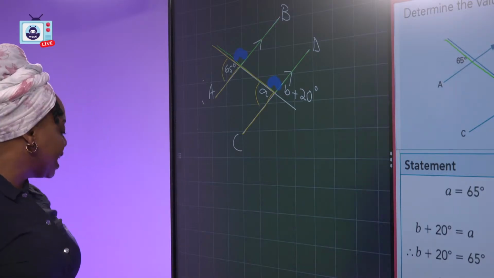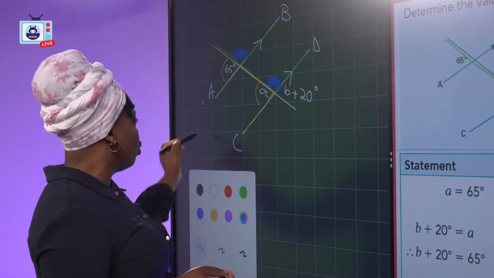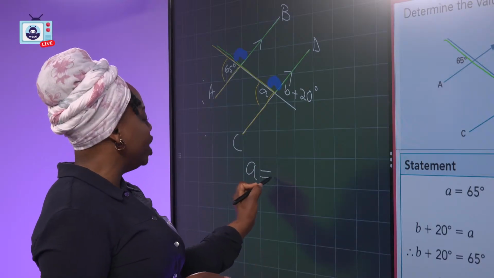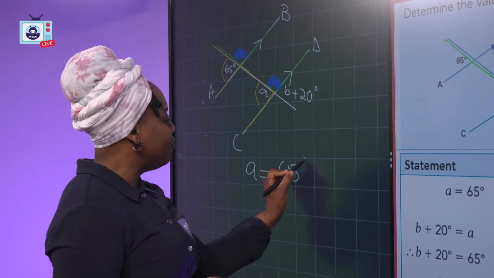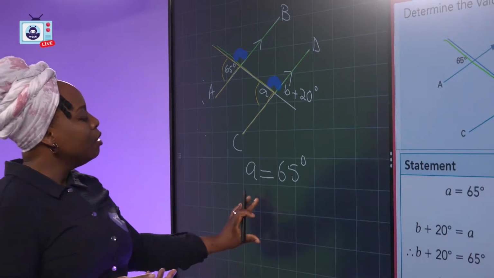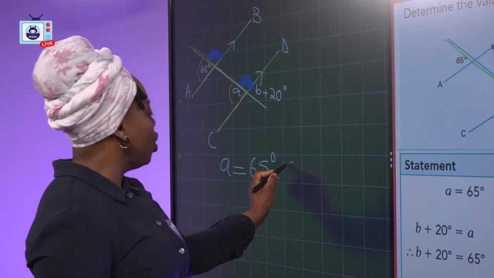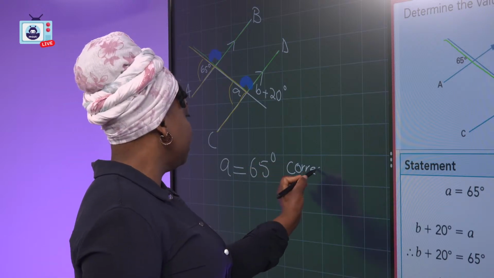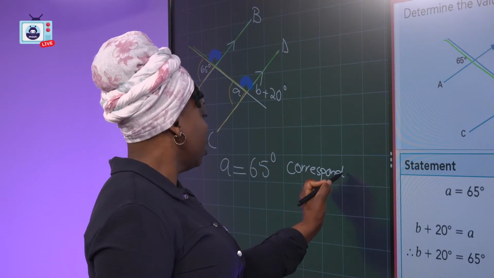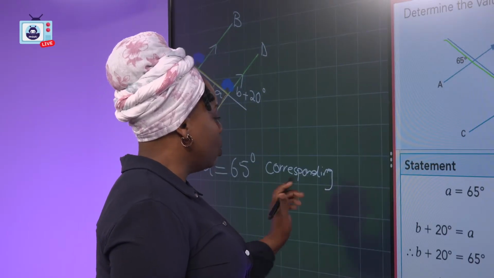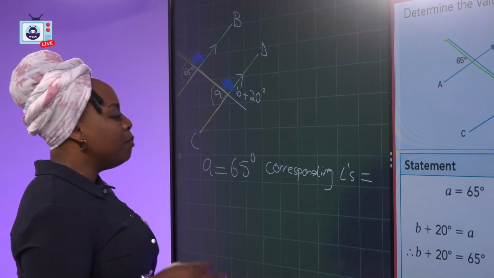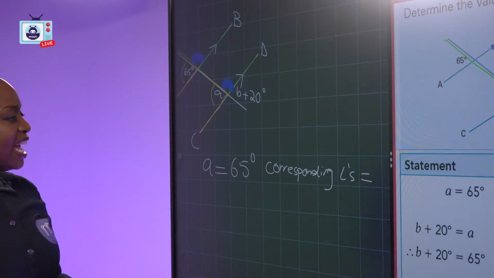So that means I can put some conclusion and say, voila, A will then be equal to 65 degrees. Why? Because I have corresponding angles that are equal. But you don't just say corresponding angles are equal.